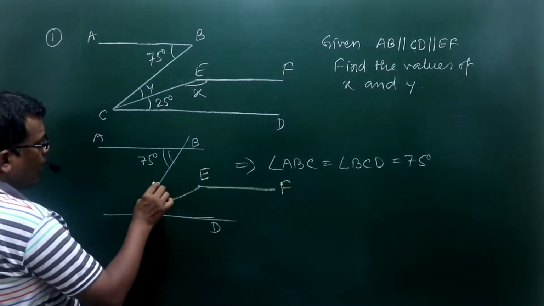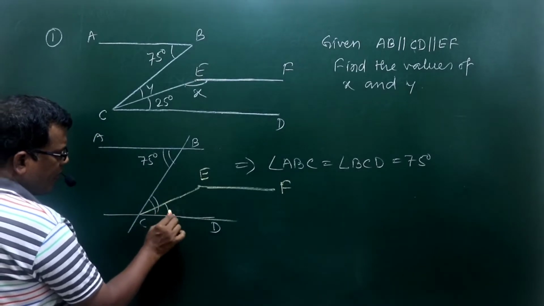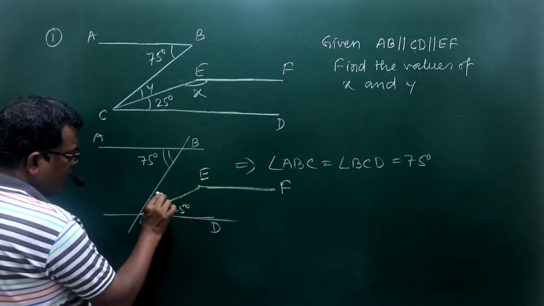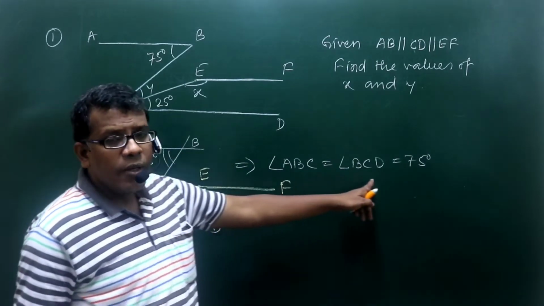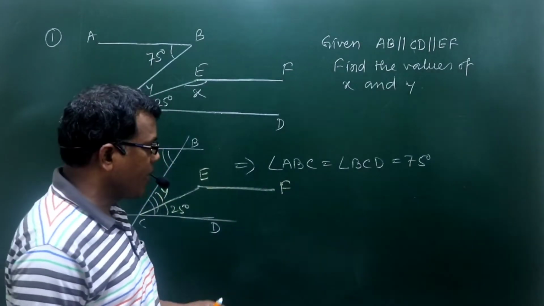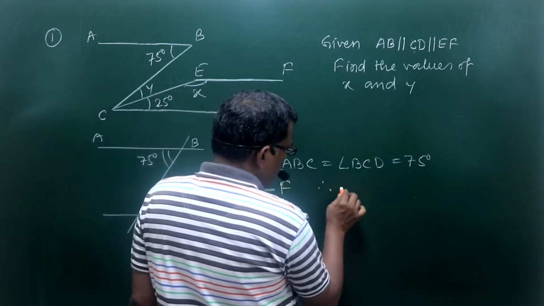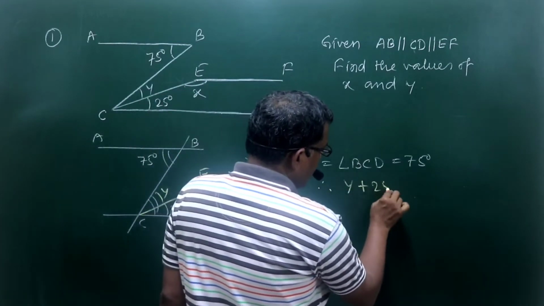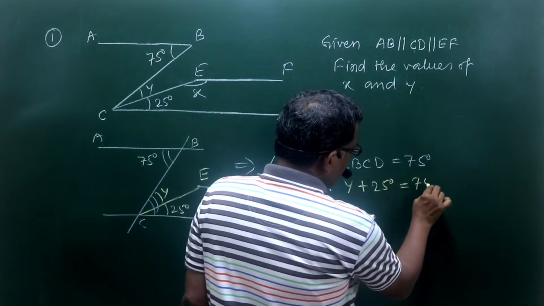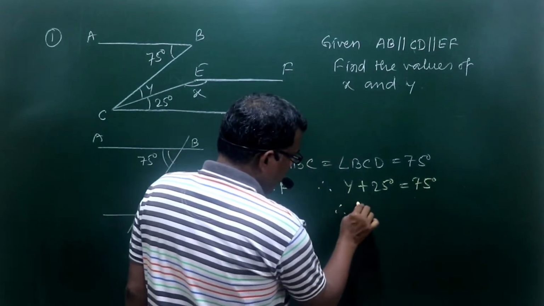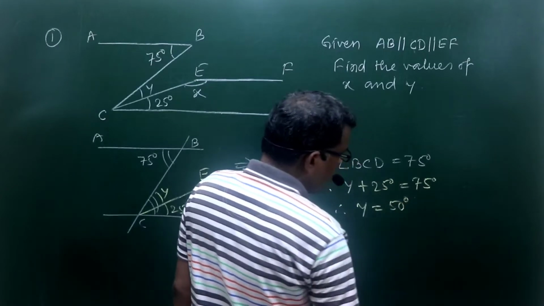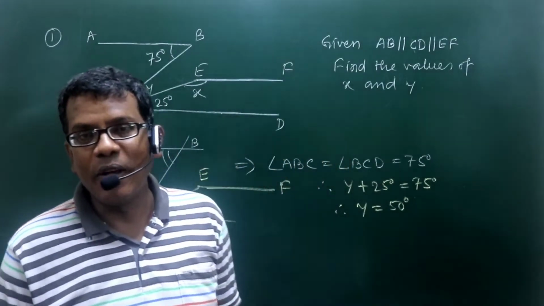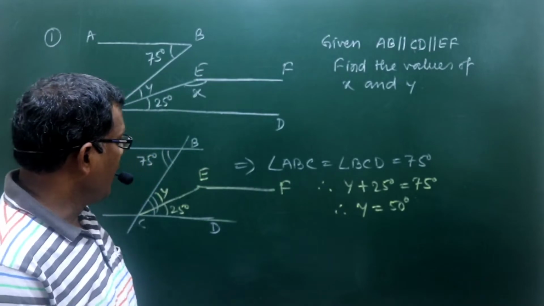So out of this total 75, this part is given as 25, and the rest of this part is said to be Y. As I have shown earlier, angle BCD is 75 degrees. So I can write Y plus 25 degrees must be equal to 75 degrees. Therefore Y is equal to 75 minus 25, so it is 50 degrees. The value of Y we are getting is 50 degrees.